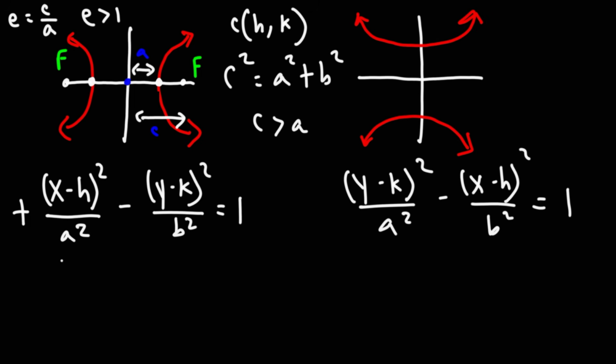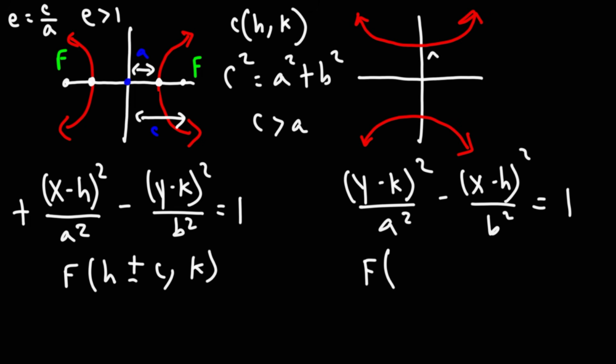Now, if you want to find the coordinates of the two focal points, here it is. It's going to be h plus or minus c comma k. Notice that c is associated with the x-axis, so it's going to be associated with h. You've got to add c and subtract c from h. For the hyperbola on the right, we need to add and subtract c from k.